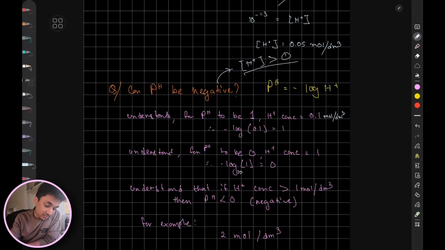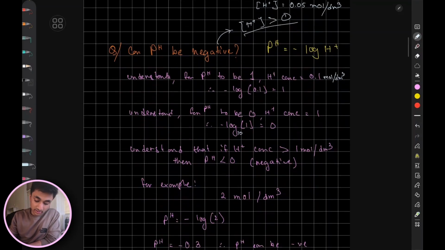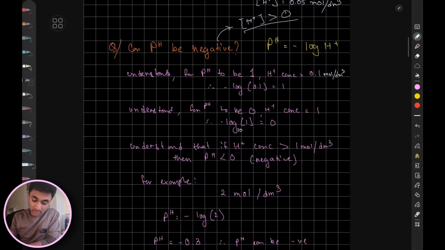For even 0.9 or 9 itself, 10 needs to have a negative power to get that term, so the pH is still going to be positive, just less than 1. So the range is that your concentration needs to be greater than 1 mole per dm cube for the pH to be negative.